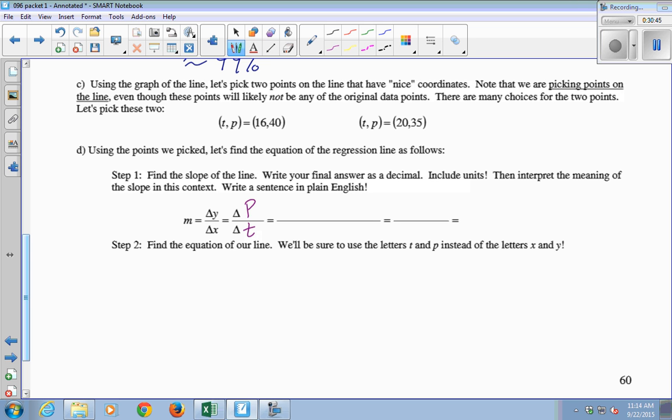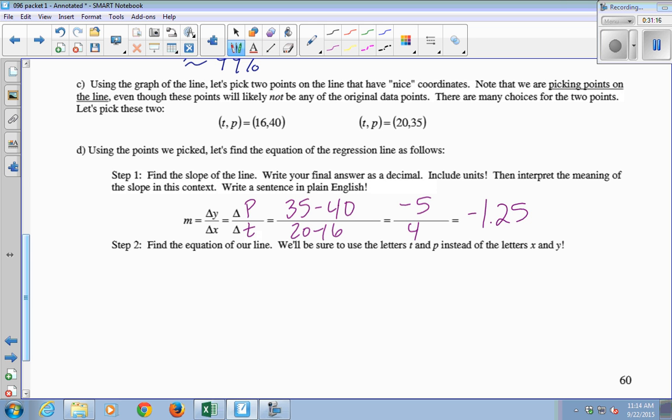All right, so I subtract my p's, 35 minus 40, over my change in t, so subtract my t's, 20 minus 16. So 35 minus 40 is -5, and 20 minus 16 is 4. So -5/4, which you could change to a decimal, -1.25, or you can leave it as -5/4. Doesn't matter.